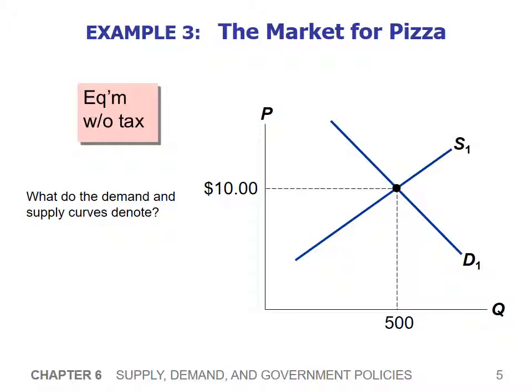Similarly, the supply curve captures the least amount of money that the sellers are willing to accept for selling something. For instance, the lowest price that sellers will accept for selling 500 pizzas is $10 per pizza. Why is that the case?